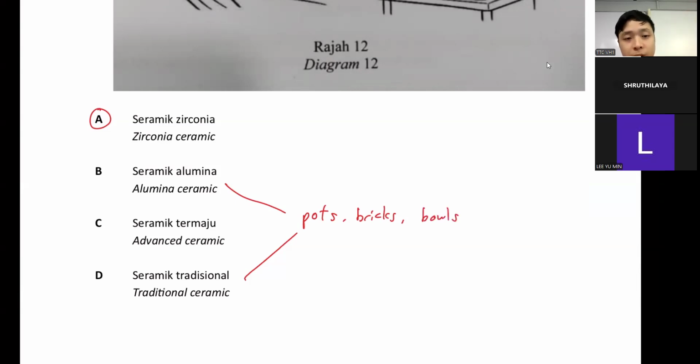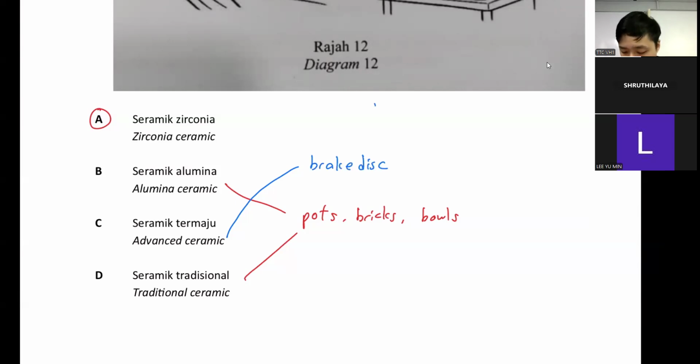Ceramic in Chinese 陶瓷做你的碗、砖块、花盆那些啦。Okay, and then advanced ceramic, they add some modern chemicals, like silicon carbide, tungsten carbide, to make it stronger.